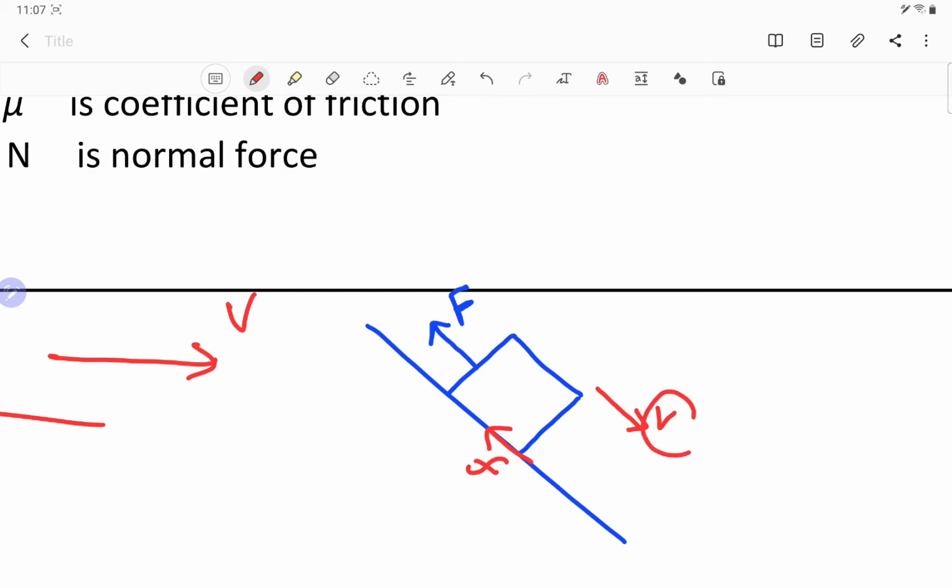Sebab dia opposite arah motion. Bukan opposite arah force. So, bila saya label sebagai V ni, maksudnya dia ada velocity lah. Dia ada pergerakan turun. So, F akan opposite the motion. Bukan opposite force yang kita apply. Because boleh jadi arah force ni tak cukup kuat untuk tarik dia ke atas pun.